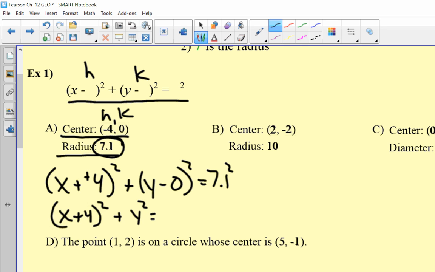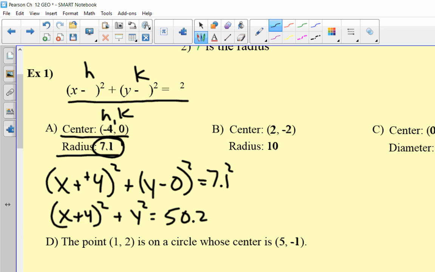And then 7.1 squared, I think, is somewhere around 50.2, I believe. I'm rounding that up a little bit, okay? All right, so there you go. Pretty easy, I think, just to plug stuff into a formula and be able to do that, right?